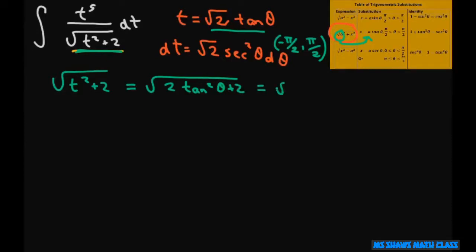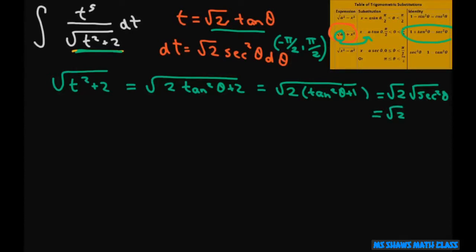Factor out the 2, you get 2 times tan squared theta plus 1. That's just going to be square root of 2 times the square root of secant squared of theta. So that equals square root of 2 secant theta.